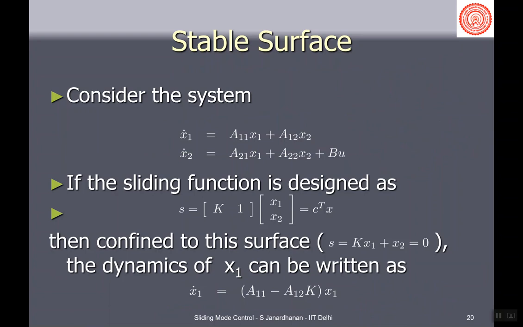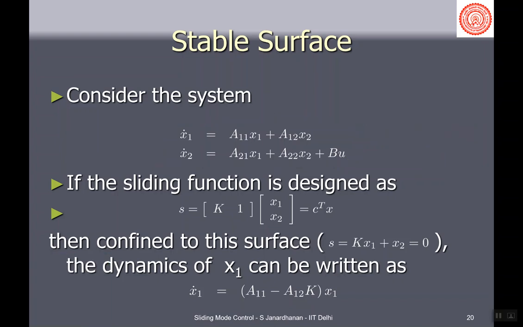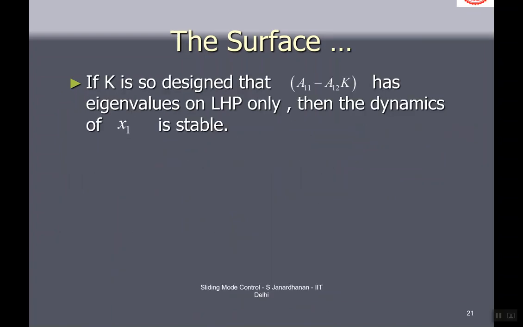Incidentally, this structure is called the regular form, and usually when you are designing a sliding mode controller, you bring the system to the regular form and then do the design. It is just a bit of mathematical jugglery, and not something that really requires investigation.